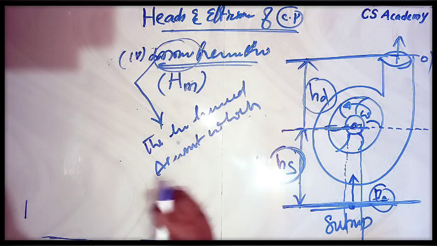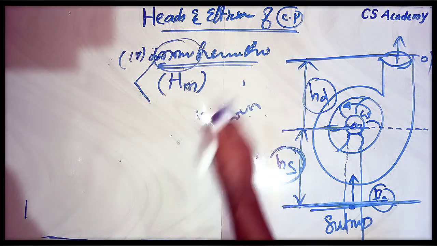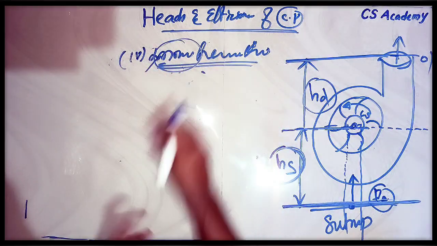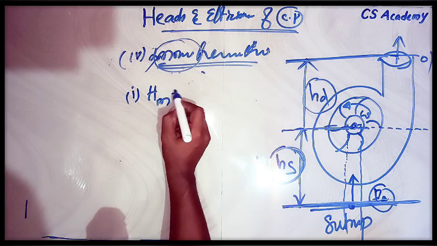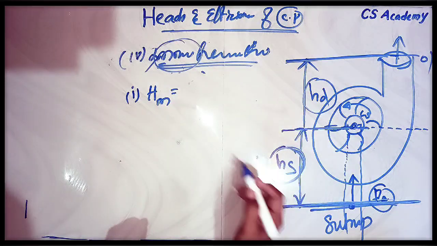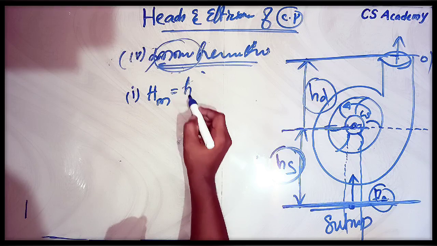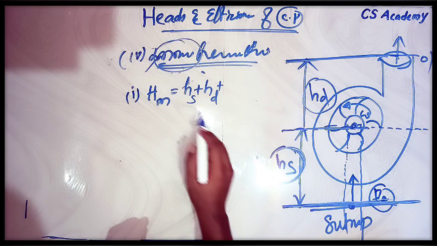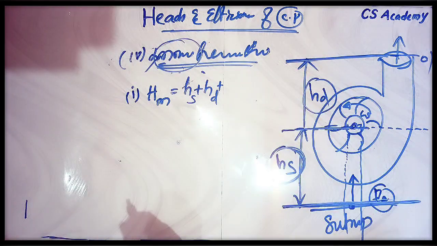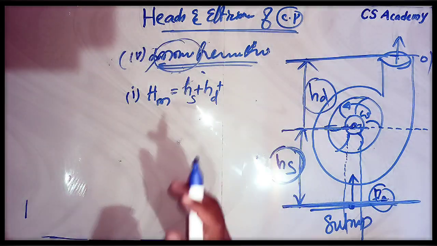Okay, if you see here, this is the definition. We will calculate this manometric head in three types. The first one: let us consider the manometric head is H M. Here, manometric head is mathematically calculated as suction head plus delivery head plus losses. And here, listen carefully, a very important point.